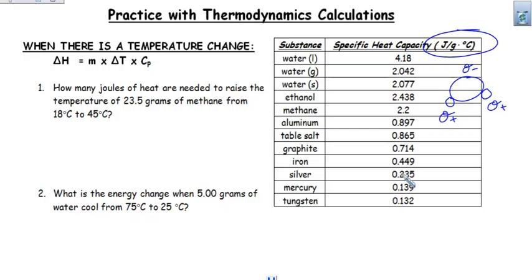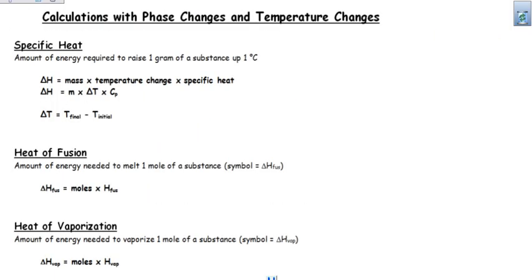Okay, so these are constants. We look them up on a chart. And now watch how easy this equation is. The specific heat of water was 4.18 joules per gram degree Celsius, water in the liquid phase. Well, what if you have more than 1 gram of water? Then you take the specific heat and you multiply by the mass that you do have.